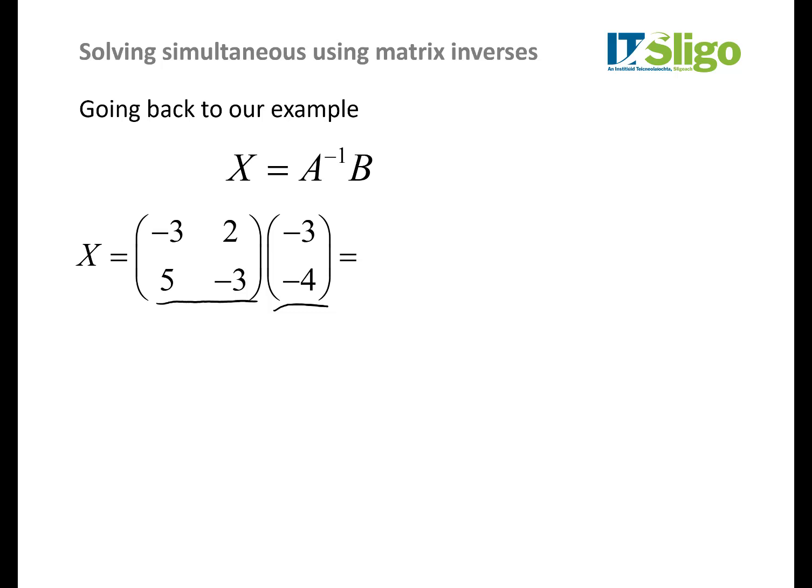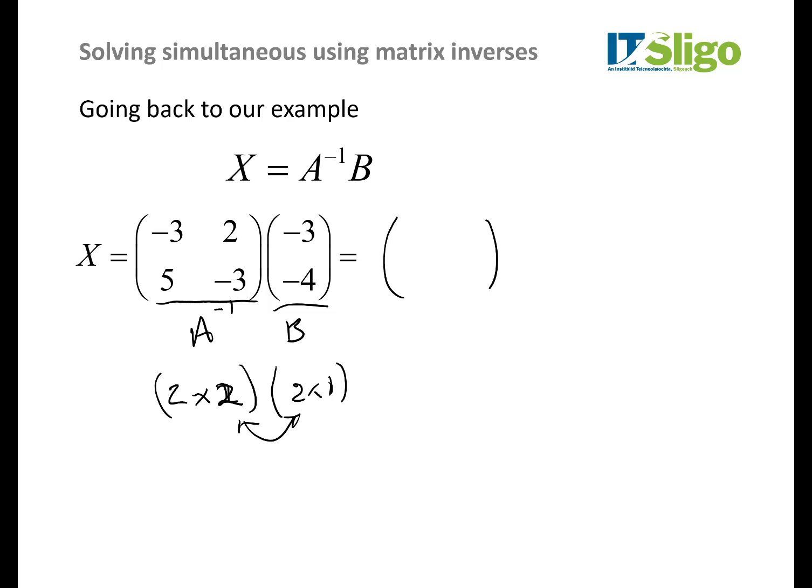So now we're going to pre-multiply. We're pre-multiplying A. There's A inverse, which we found earlier. There's B. So it's going to be now just doing our multiplication. First of all, I have a 2 by 2 multiplied by a 2 by 1. That's fine, so I can multiply them.